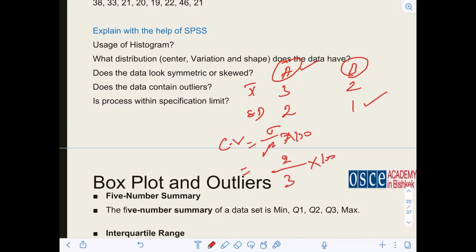And in this case, my standard deviation is 1, my mean is 2, multiply by 100. And what is the answer? 2 divided by 3, multiply by 100, it's going to be 66.7% variation. And in this question, 1 divided by 2 multiplied by 100 is equal to 50% variation.